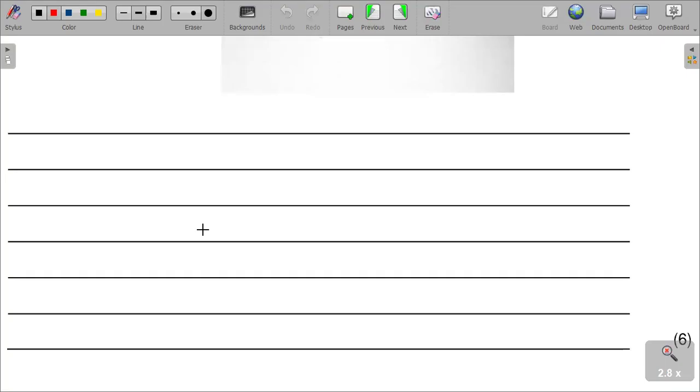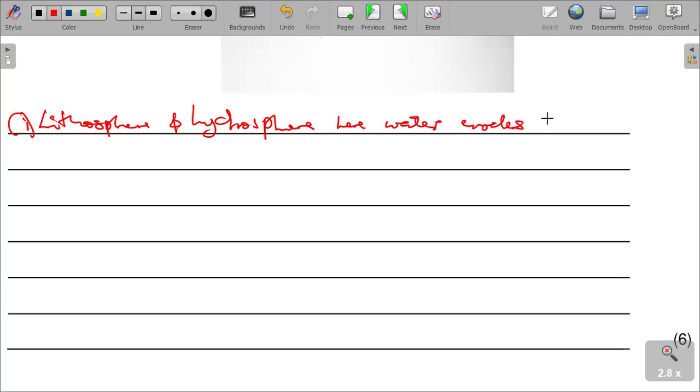First, the lithosphere and hydrosphere. Describe the interaction: water erodes the soil.